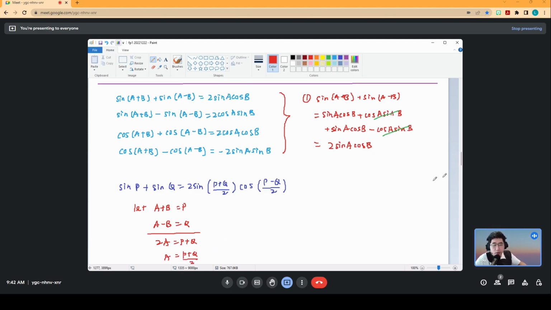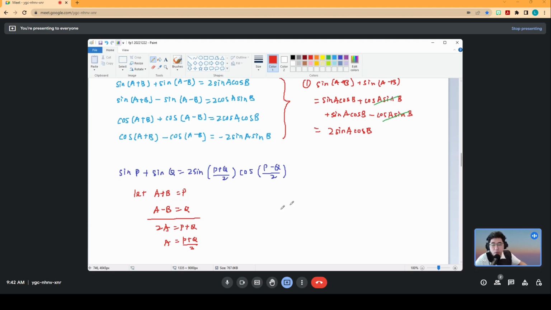Similarly, of course you will get B equals P minus Q over 2. Then you just substitute them into the correct position. Again, the purpose is just to help us work on the integration formula.